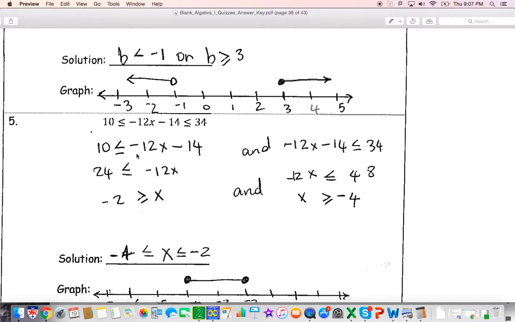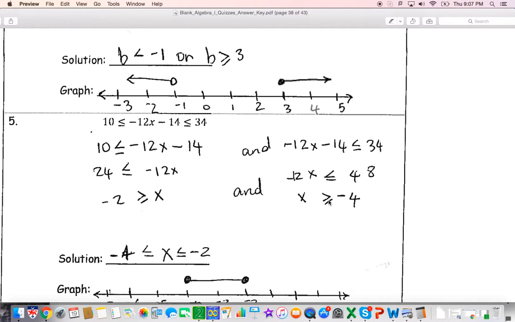So to isolate the x, we treat it just like an equation. Just remember that when you divide by that negative, you flip the sign. So we end up getting that negative 2 is greater than or equal to x. And on the other side of town, we're still isolating the x, so we add 14 to both sides. Then when we divide by that negative, again, remember that the sign flips direction.